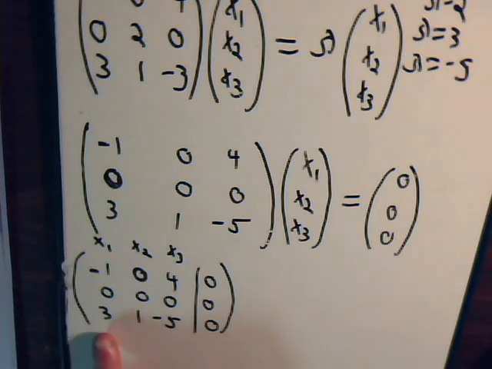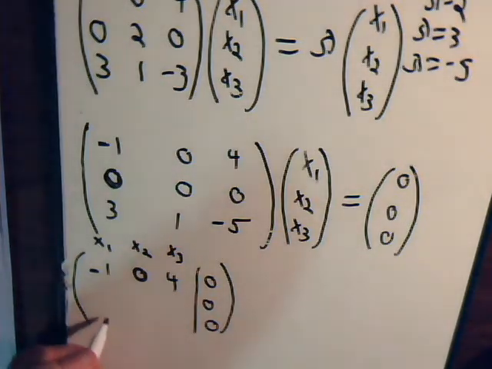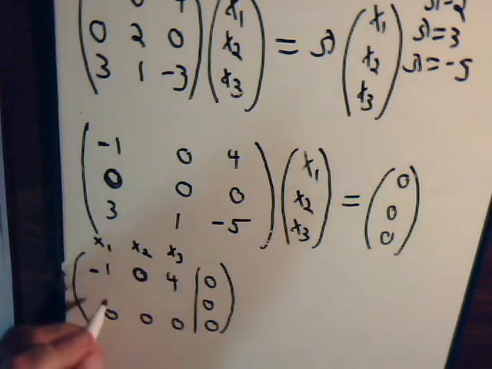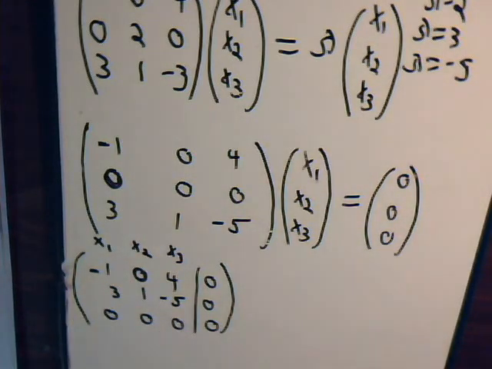Okay, let's get into row echelon form. The first thing we can do is switch these 2 rows around. So the 0, 0, 0 will be in the bottom row, and then 3, 1, -5. And if we multiply the top row times 3 and add to this row, that will make that 0.